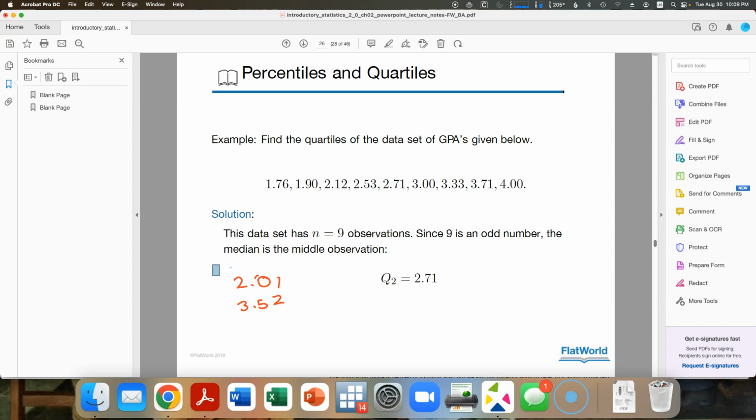So highest observation here would be 4. Lowest observation is 1.76.